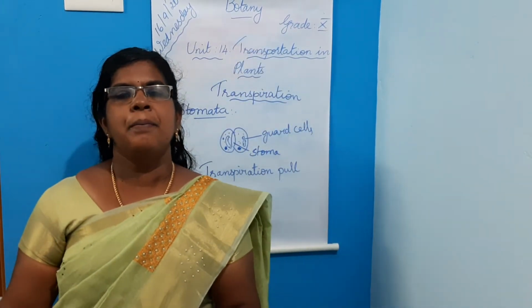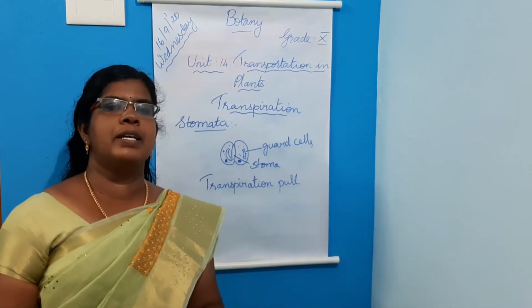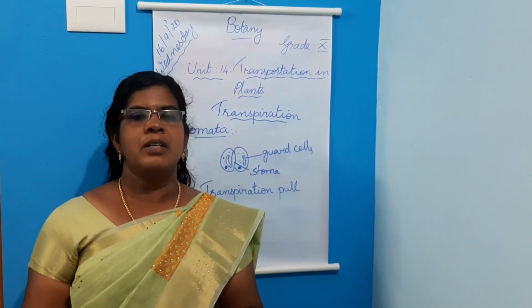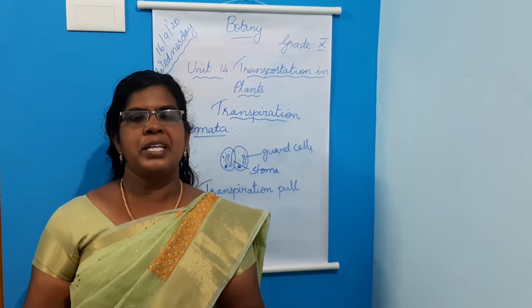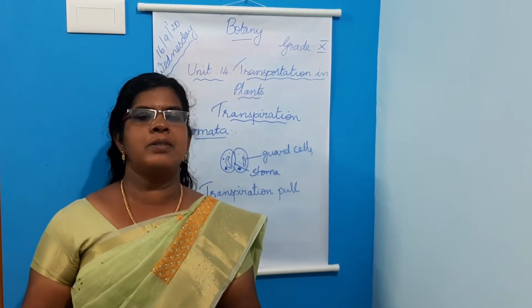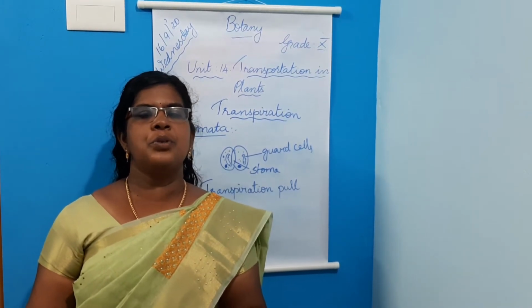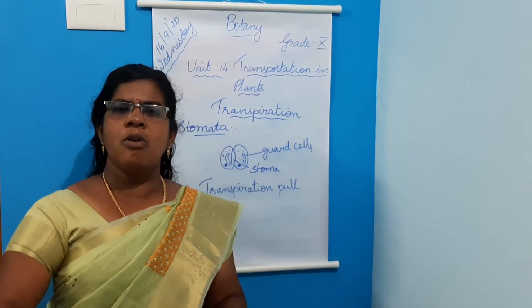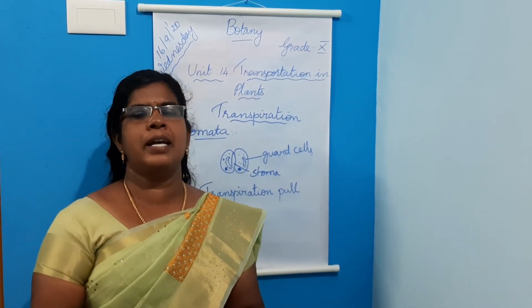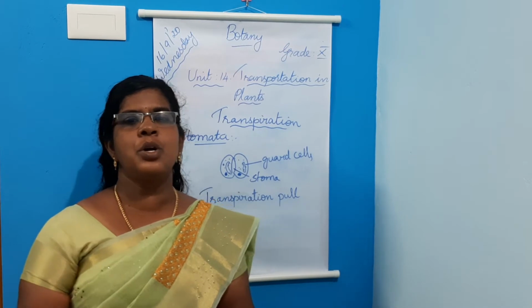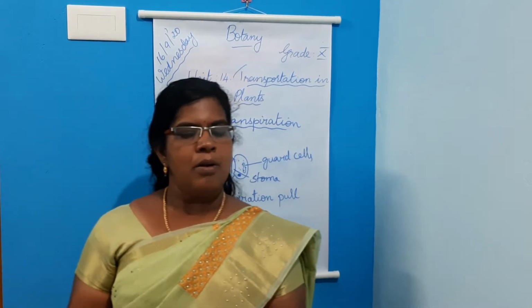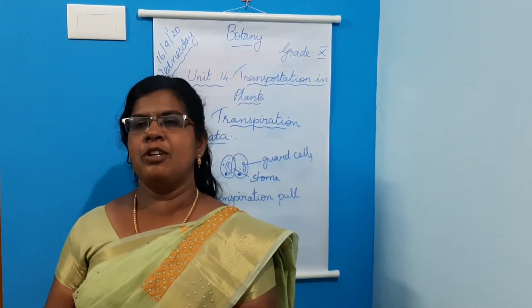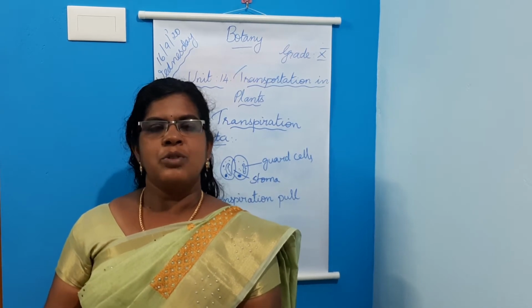Plants depend on minerals from soil for their nutritional requirements. Soil water contains nutrients, so plants depend on soil water for their nutritional requirements. All the minerals cannot be absorbed passively by the plants. There are two reasons.